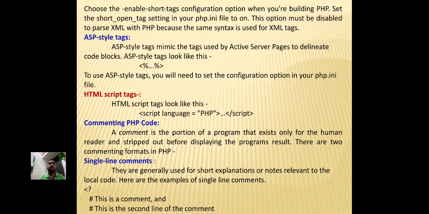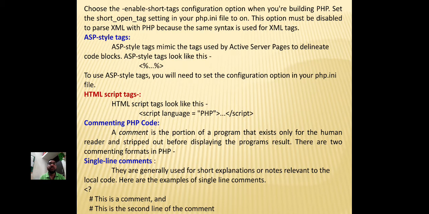Commenting PHP code. A comment is the portion of a program that exists only for the human reader and is stripped out before displaying the program result. There are two commenting formats in PHP. Single-line comments.